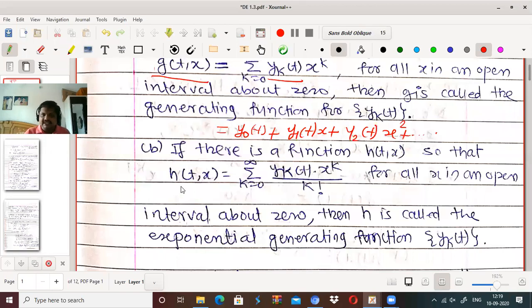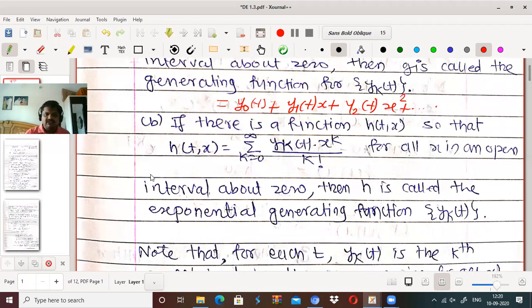Similarly, h(t,x) is called the exponential generating function for y_k(t) if h(t,x) is given by the summation from k equal to 0 to infinity of y_k(t) x to the power k upon k factorial. That means your h(t,x) must be written in this form.